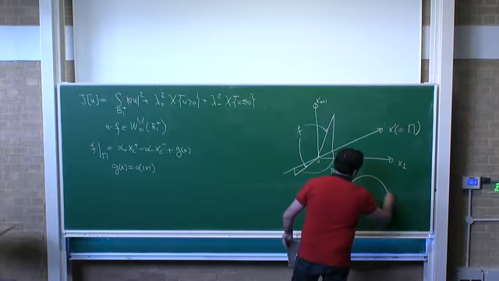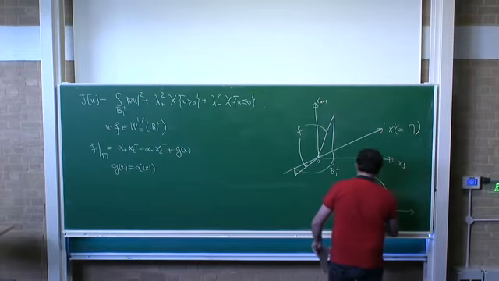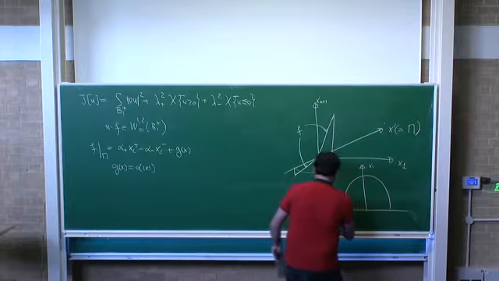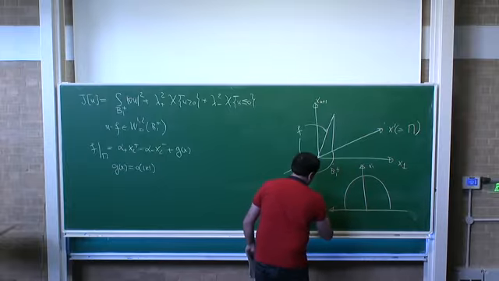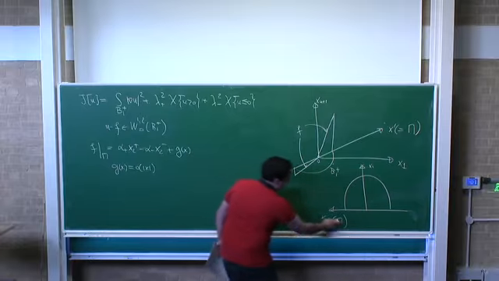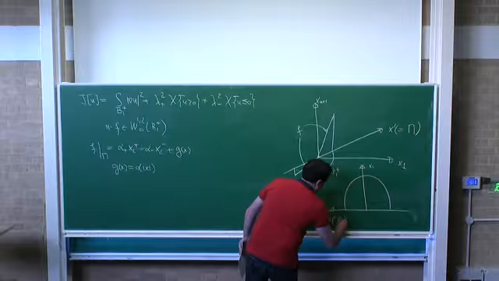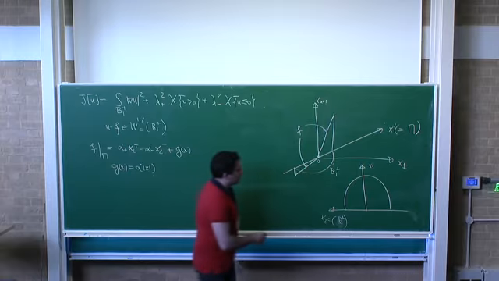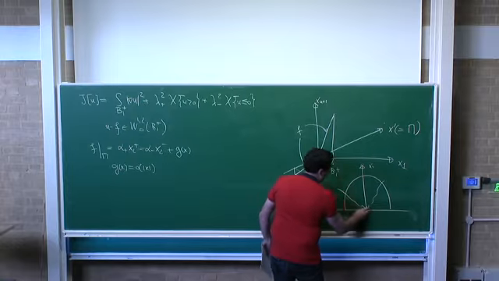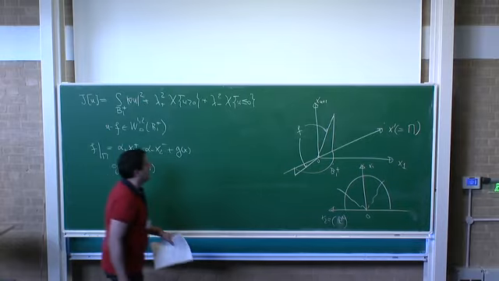In other words, if I just draw another picture now, an n-dimensional picture, this is x1, and this is x2, which is again, in some sense, R^{n-1}. You want to see what's the behavior of your free boundary near this origin, right?